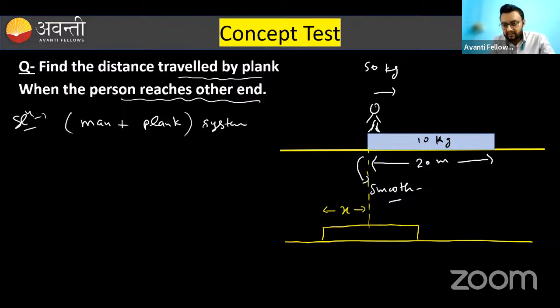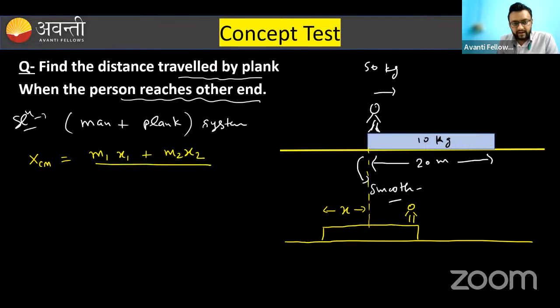And the person that was initially here is now moved to the other end and now reaches there. So first thing is you need to find the distance traveled by these persons and this plank. So you will say, if I say x coordinate of center of mass is given as m1 x1 plus m2 x2 divided by m1 plus m2.